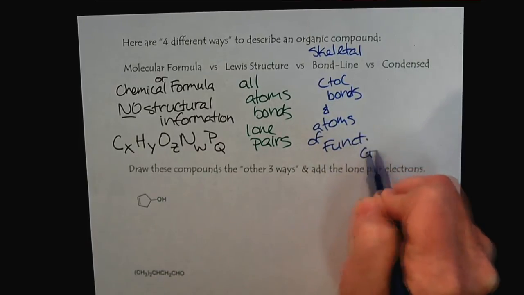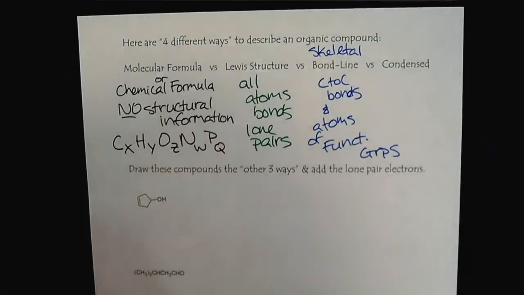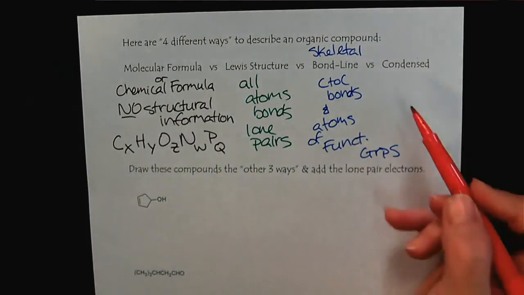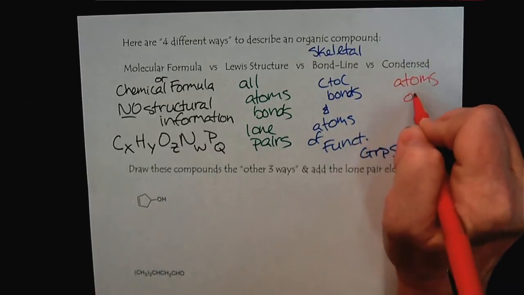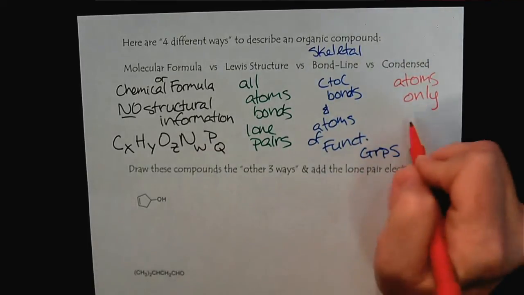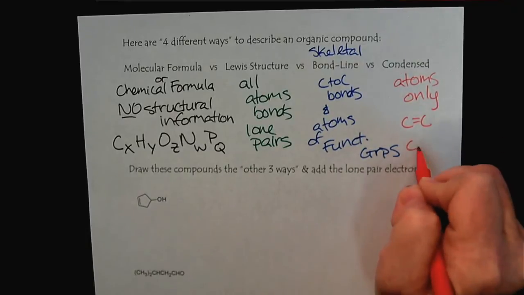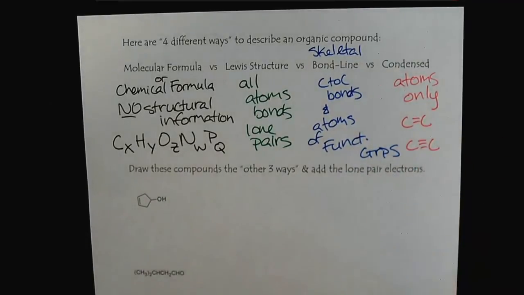And then last but not least, we have the condensed formula, which is basically atoms only. And it's perfectly okay. And in my class, I will always show you any double or triple bonds.